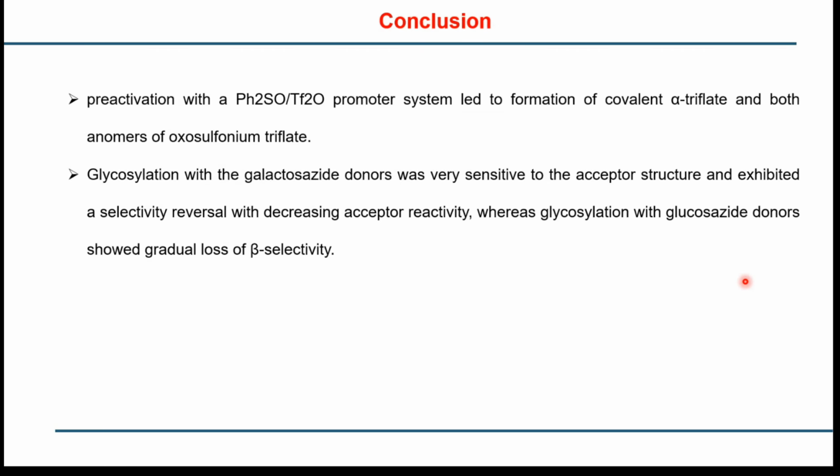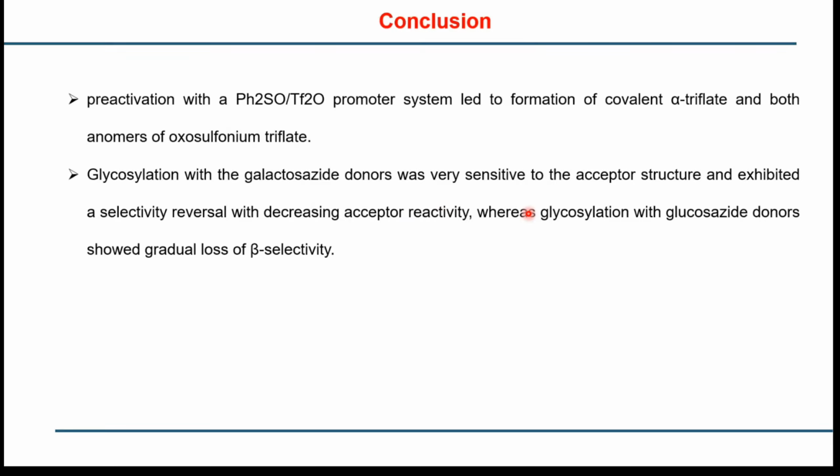So in conclusion, they have discussed the outcome of the product, which is led by the alpha triplet as well as both anomers of the oxosulfonium triplet. In the case of galactose, where that is the galactose donors, the acceptor nucleophilicity matters for the selectivity of the glycoside product.